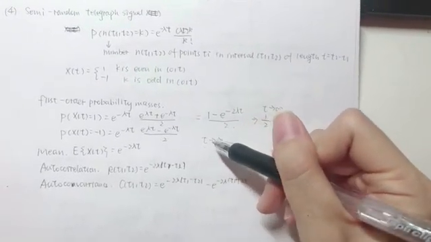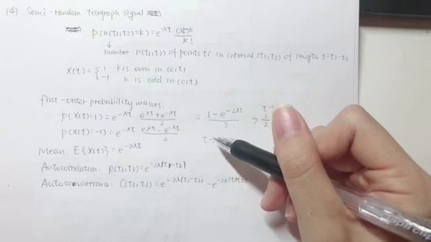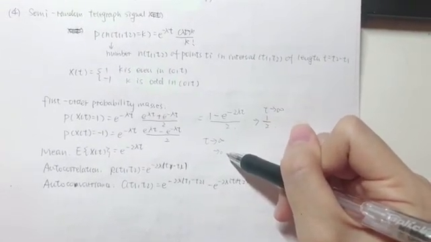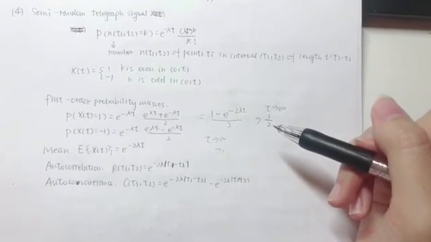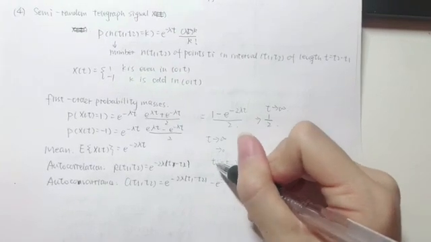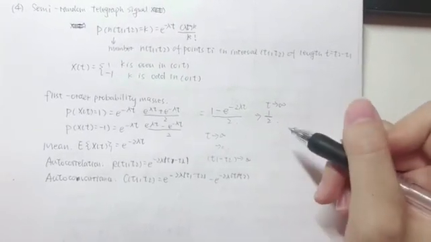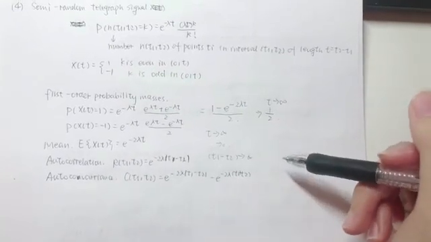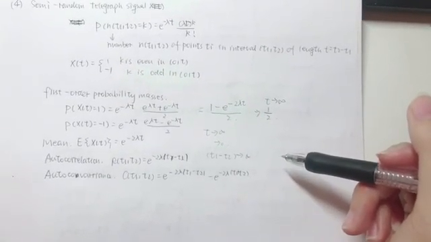And the mean of this process will go to 0 when t goes to infinity, and when t1 minus t2 goes to infinity, the autocorrelation will go to 0.